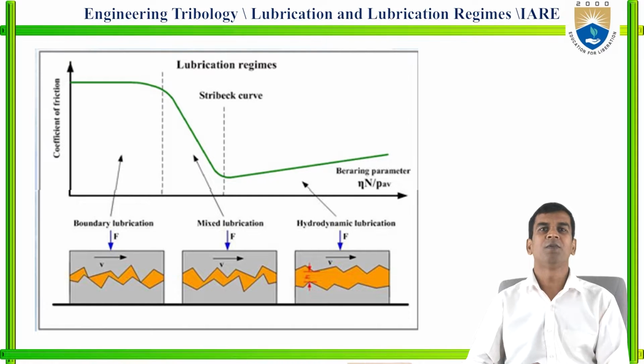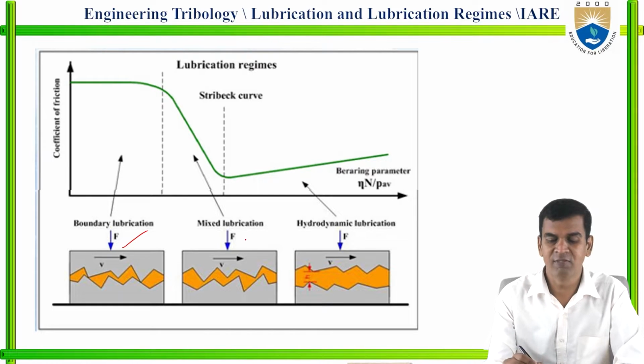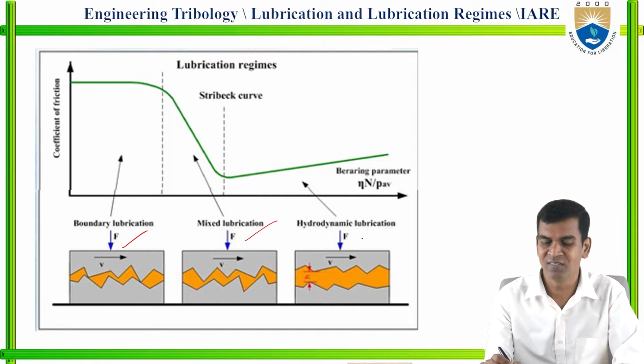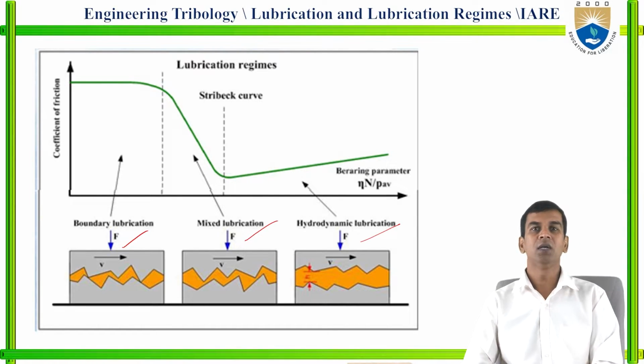You can see the pictorial representation of the various regimes of lubrication. First is boundary lubrication, second is mixed lubrication, and here is hydrodynamic lubrication. The coefficient of friction is high in boundary lubrication, reduced in mixed lubrication, and very much less in hydrodynamic lubrication.